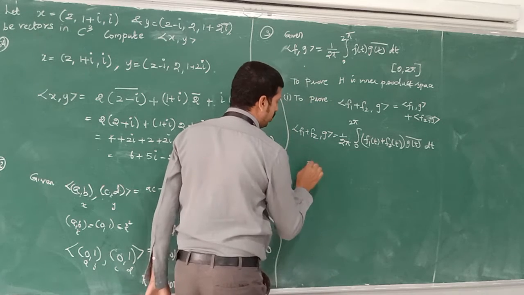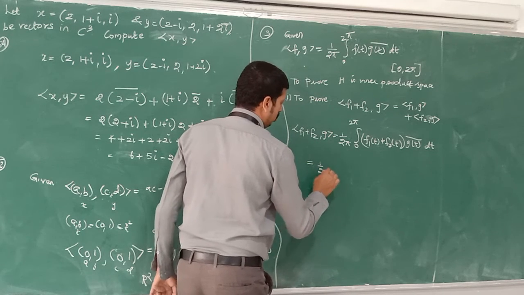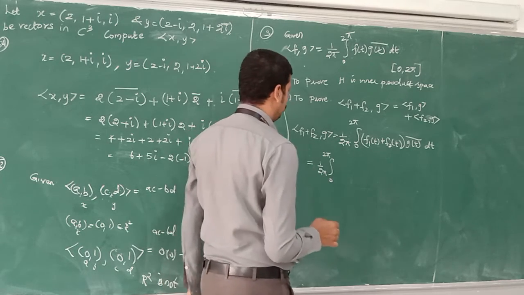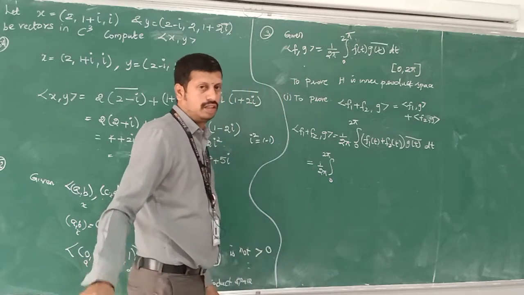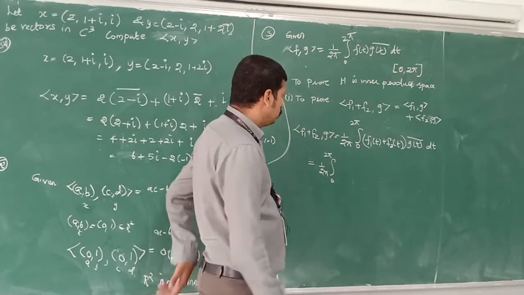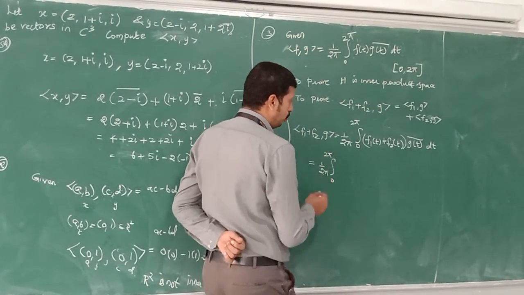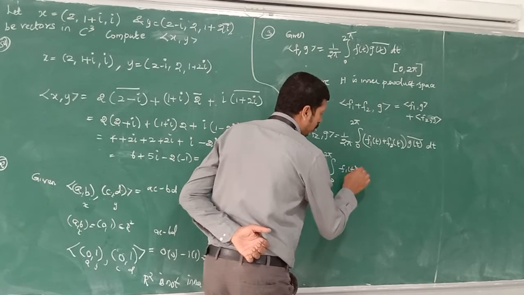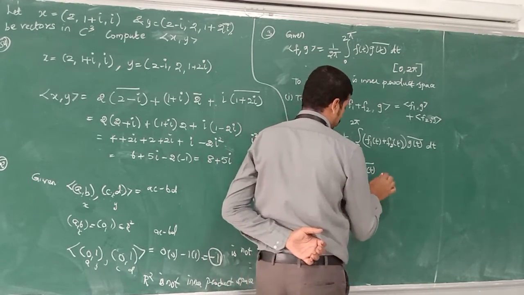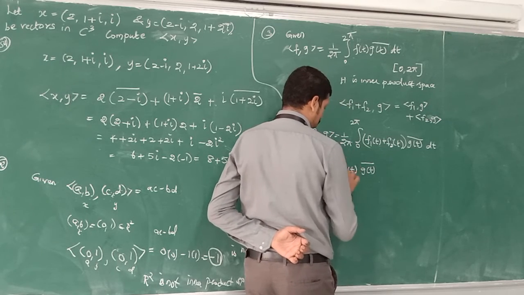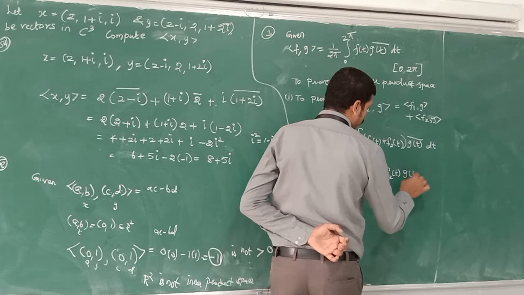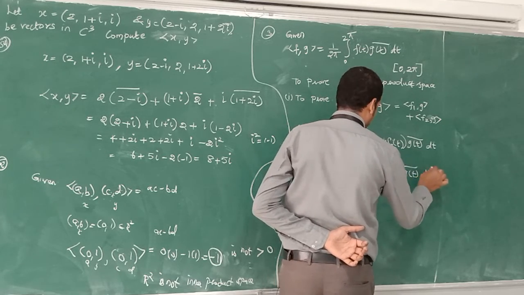So now we have to split it. 1 by 2 pi integral 0 to 2 pi, you have to split that one: f1(t) into g(t) the whole bar plus f2(t) into g(t) whole bar into dt.